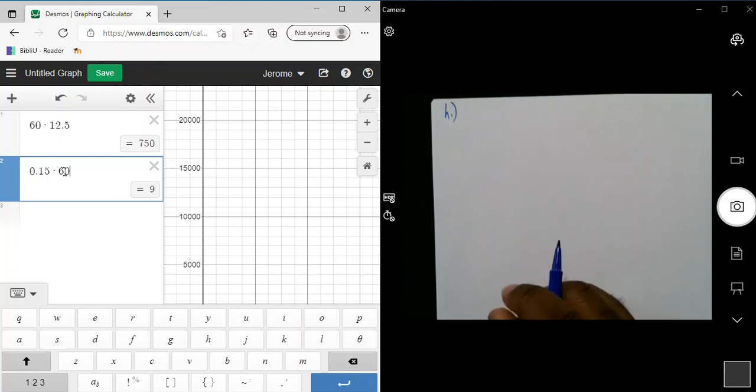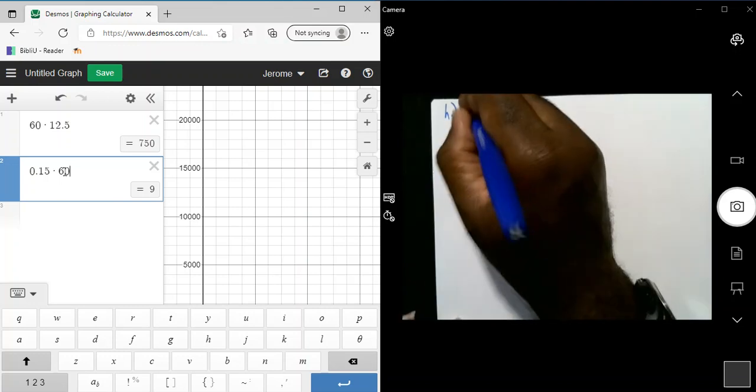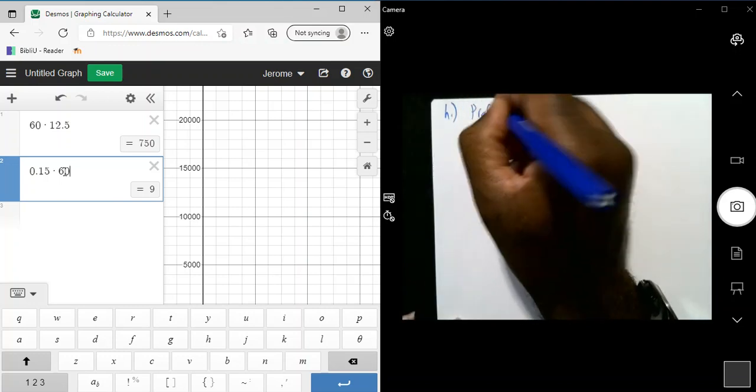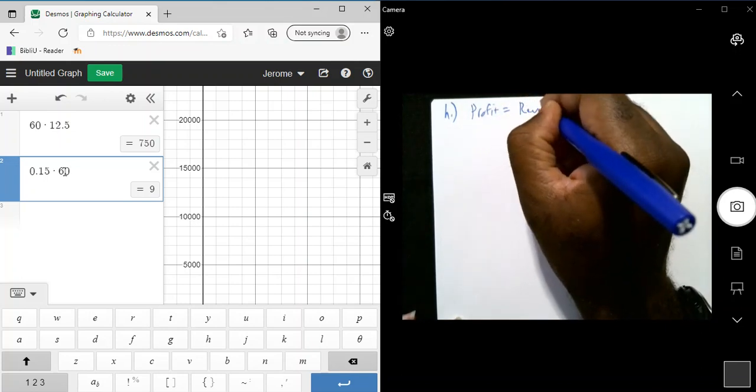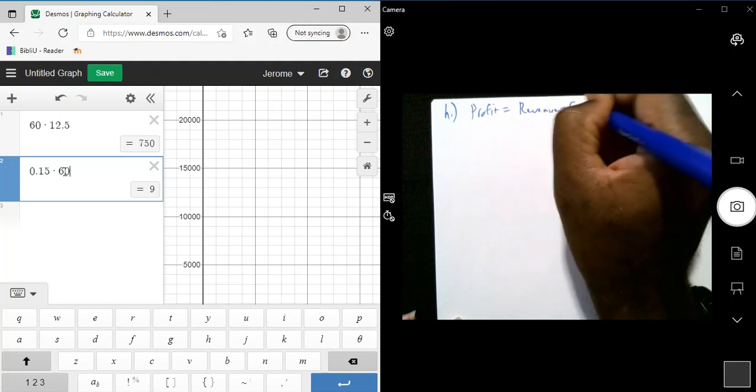So H, it says combine the formulas in part B and G to define a new function for the profit P that you can expect from the dinner. A basic business equation is profit is equal to the revenue minus cost.